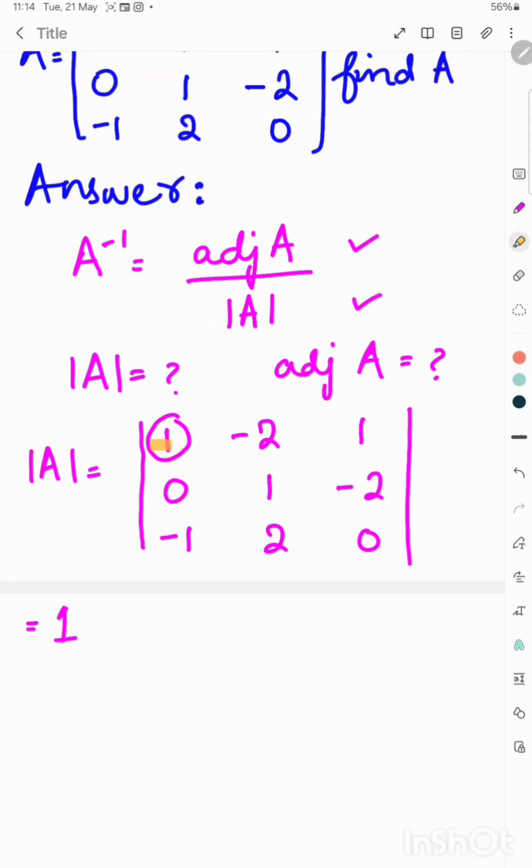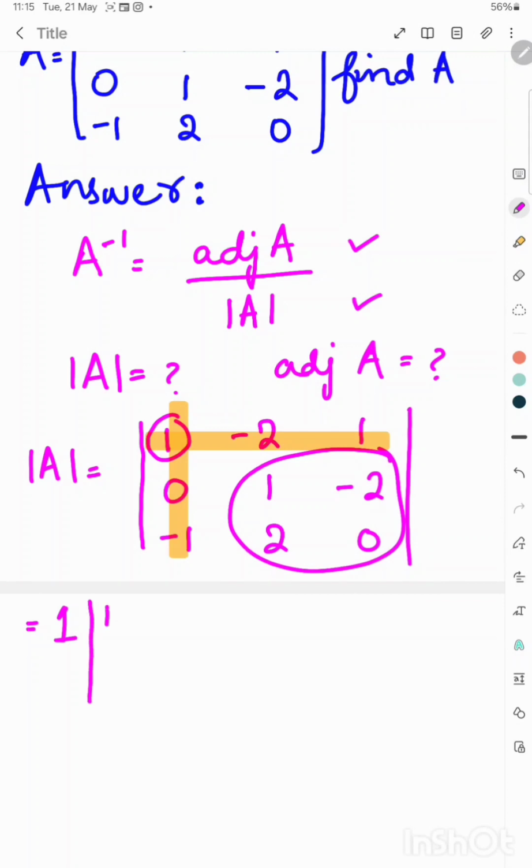As you can see, the first element lies in the first row and first column. So I will eliminate the first row and first column, and I will write the remaining part here. As you can see, 1 minus 2, 2 0 are the numbers which remain, so I will write them in a little matrix form.